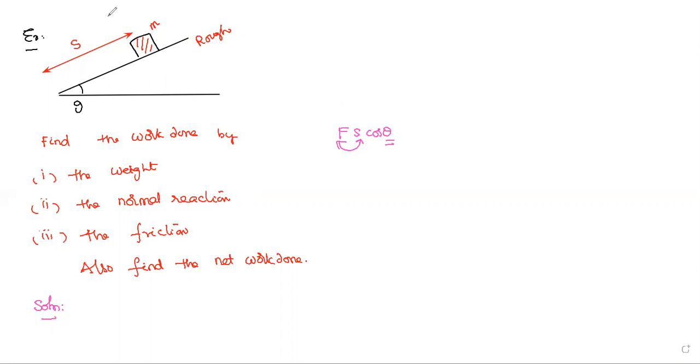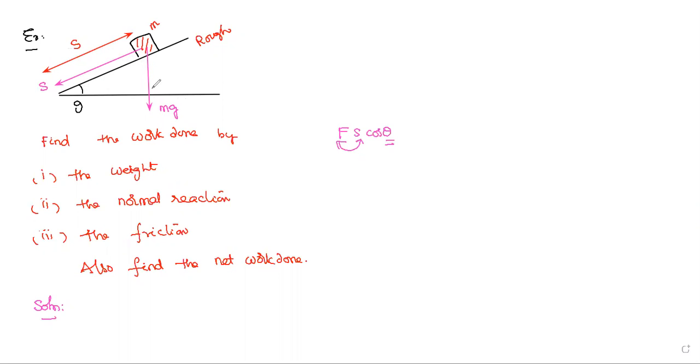You can check here. Weight acts in this direction, whereas the displacement is like this. See how simple: this is the displacement and this is the weight. So very easily you can say the angle between these two.